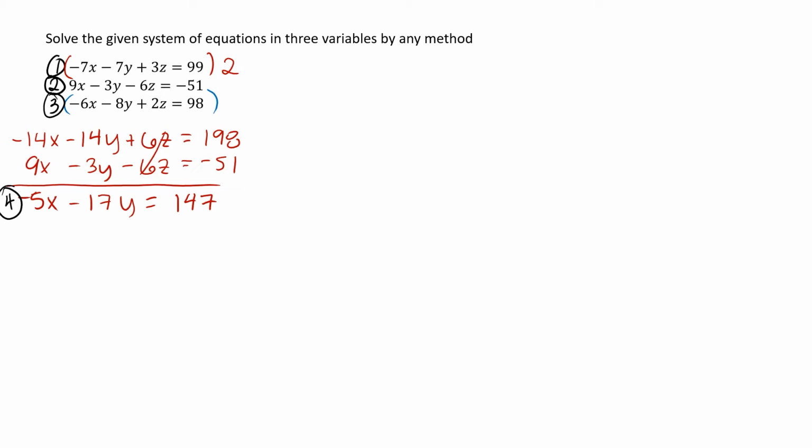When I multiply it, I'm going to write it underneath. So negative 18x minus 24y plus 6z equals 294.